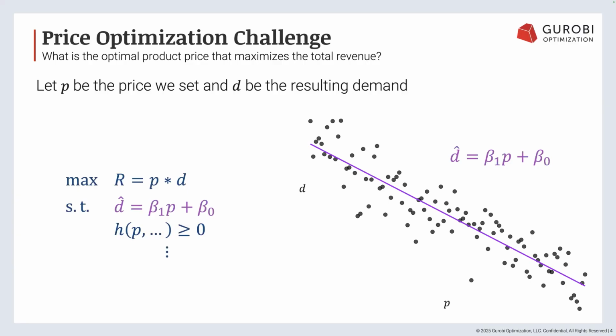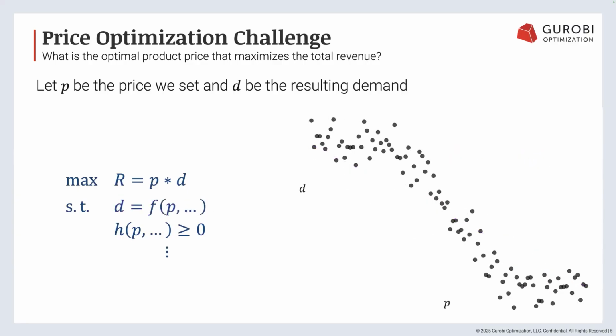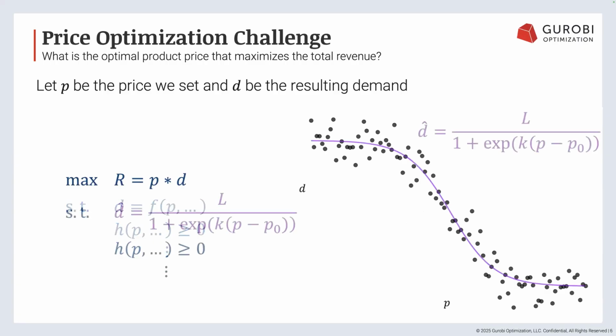If your data looks like this, you can still say, I've got this. Now I could fit a curve here and represent this function as the equality constraint, and there you go. Now I have my complete price demand relationship taken care of.